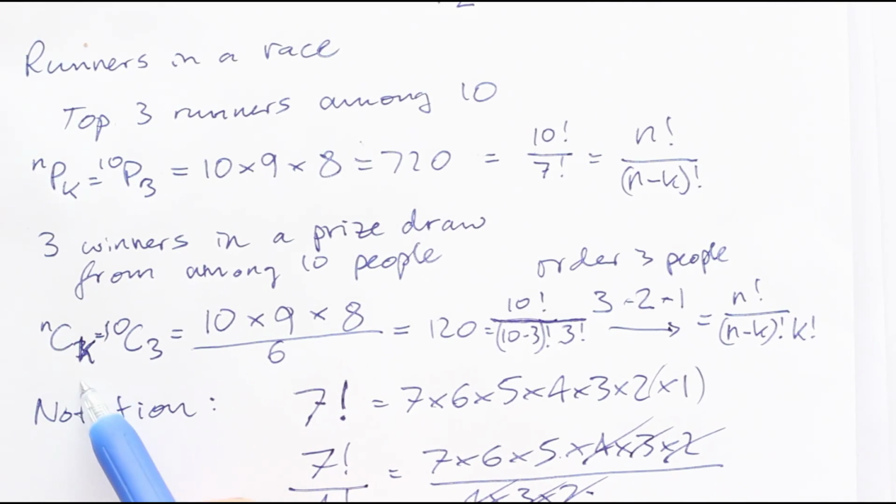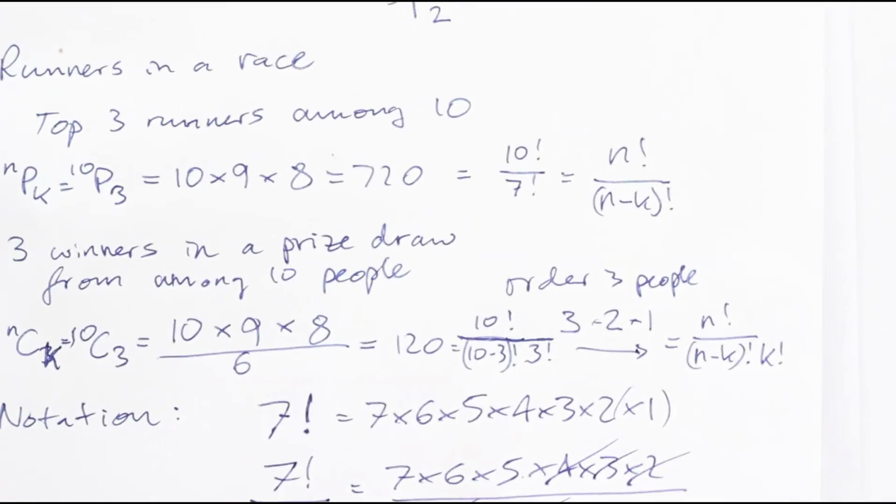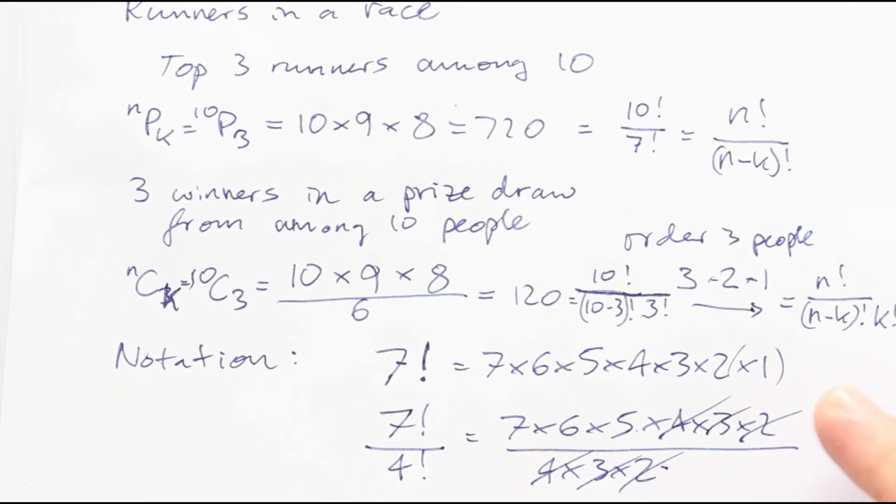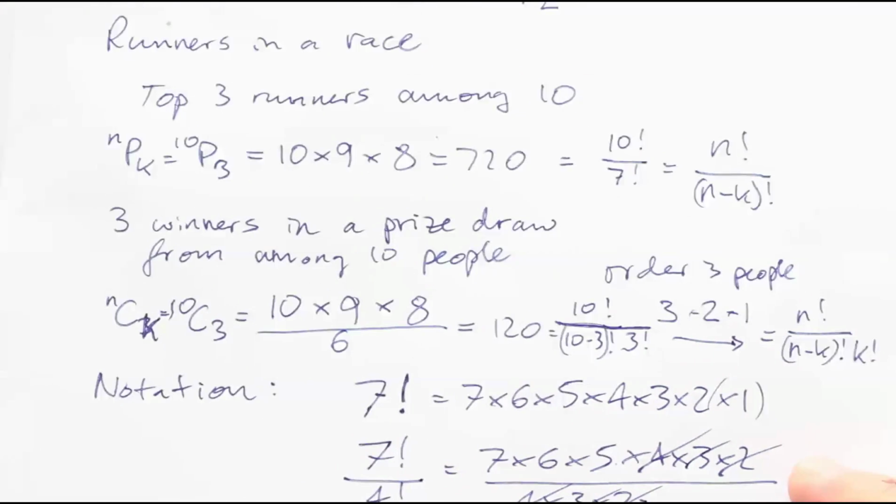Okay, for n combinations of k, we have n factorial over n minus k factorial. That's just the first k items, and the tail gets cut off. And this, we have to take out the multiples because the order of the chosen ones doesn't matter. Okay, so hopefully that is helpful.